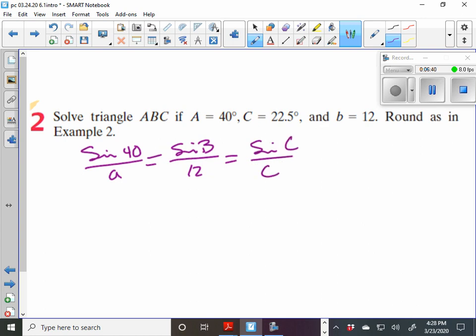Now, the key here is notice that you have to have a completed ratio. You've got to have both numerator and denominator completed in order to do any work. Sorry about that, but I didn't fill in c, which should have been 22.5.